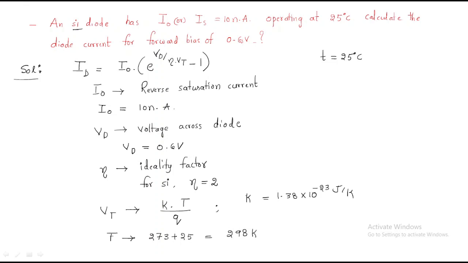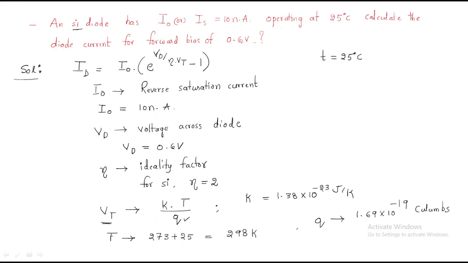Next, what is the remaining last term? This is Q, the charge of the electron. Generally Q is a constant, that is 1.6 into 10 power minus 19 coulombs. Charge is represented in terms of coulombs.